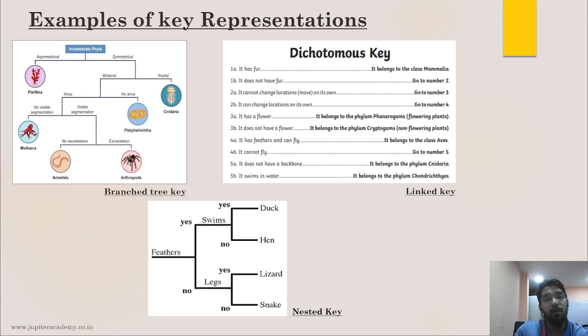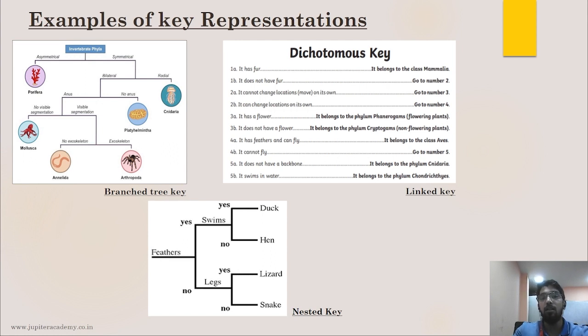Under bilateral symmetry you see whether the anus is present or not, meaning whether the digestive system is complete or incomplete. Phylum Platyhelminthes does not have any anus, whereas all the other phyla have an anus. Under anus, again we divide into two parts: whether visible segmentation is seen or not.